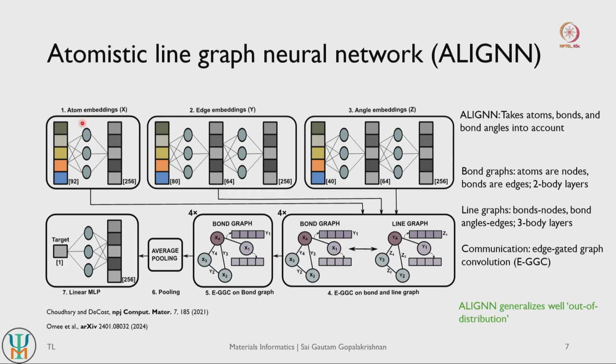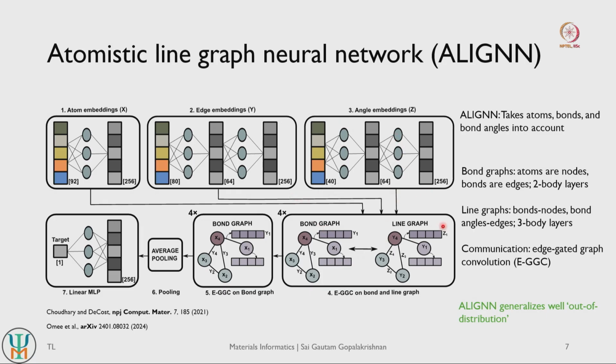In regular graph networks, your atoms are your nodes and your edges are your bonds. In ALIGN you also create what are referred to as line graphs, where your nodes are your bonds and your edges are bond angles. So you take into account 3 body interactions in addition to 2 body interactions. 2 body interactions are pairs, and for 3 body interactions you take into account their angles.